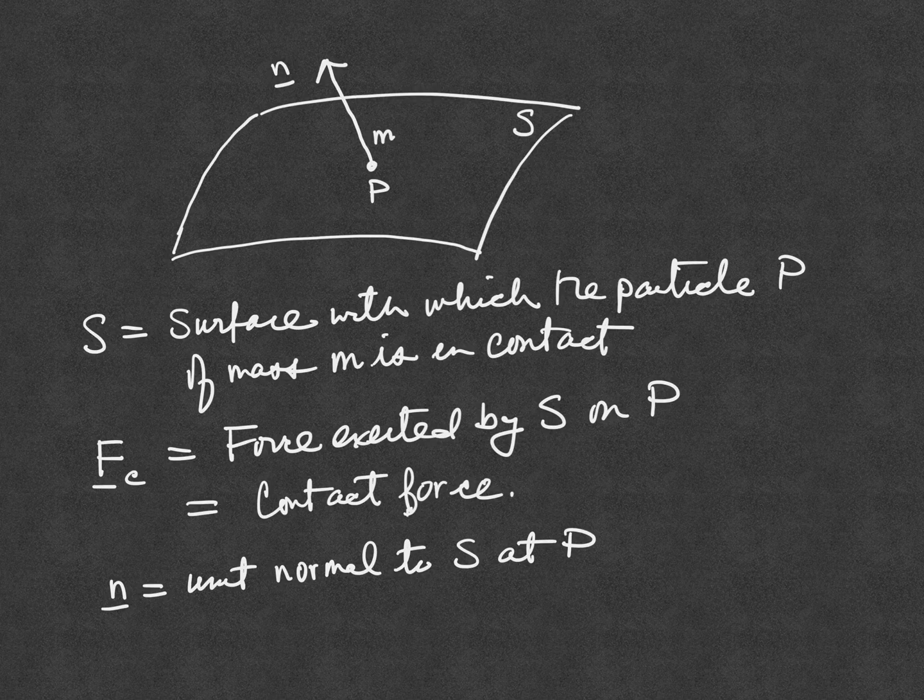Now, when I say normal, what I mean is as follows: at this point P, there's a plane that's tangent to the surface. So I'm going to call this the tangent plane.